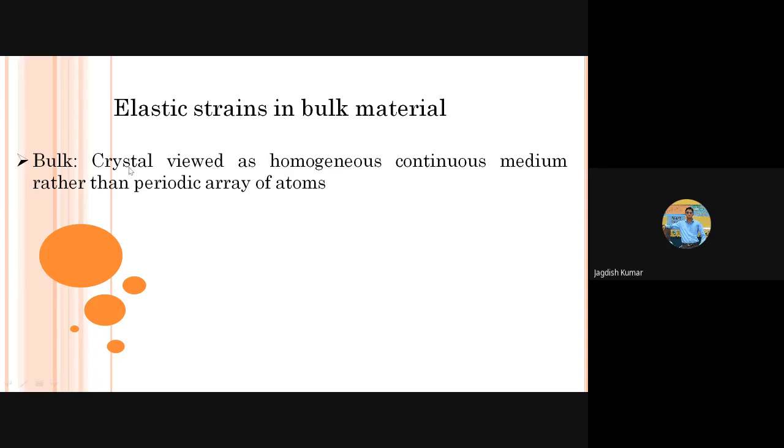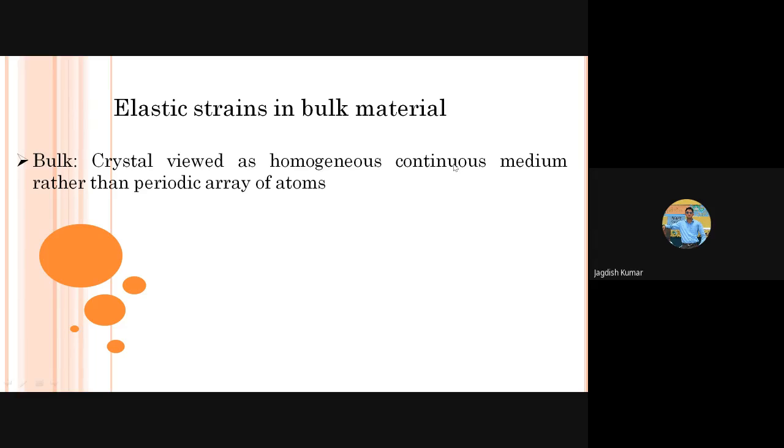I mean, even if we know that we are studying some crystal, we don't bother there about how microscopically the atoms are arranged in the crystal. So that's within the continuum model. Bulk material doesn't exactly mean the continuum model itself, but bulk material is a little different from this.